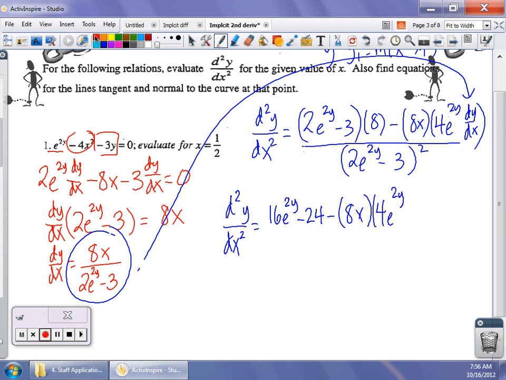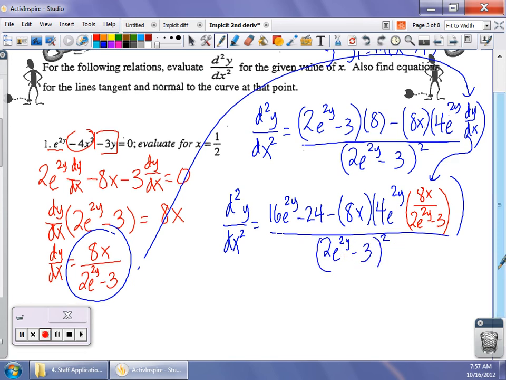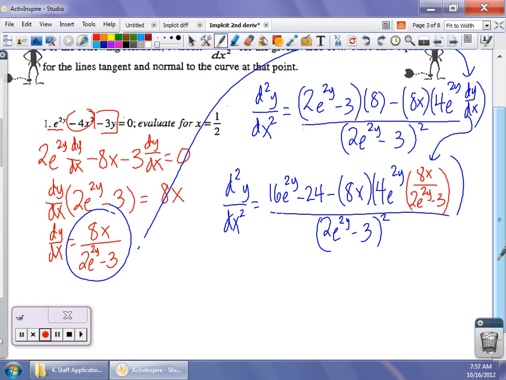And let me change colors here. In place of dy/dx, I'm substituting 8x over 2e^(2y) minus 3, because that is the first derivative that I substituted in place of dy/dx. So there's the substitution, over 2e^(2y) minus 3 quantity squared. I can probably clean that up just a little bit more.